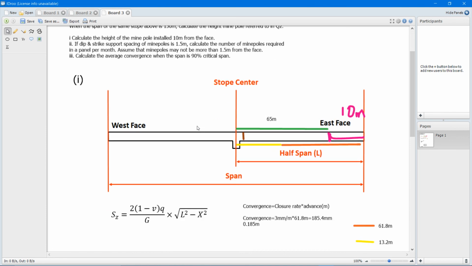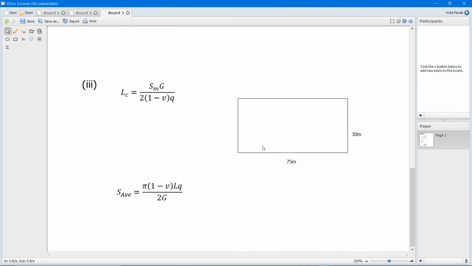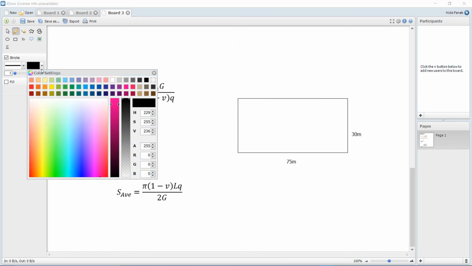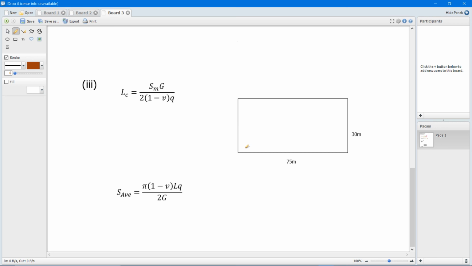So we've got a line of poles that we've installed at the start there. Our poles are brown. So we've got a line of poles here, spaced going that way. Then we've got these dip poles.